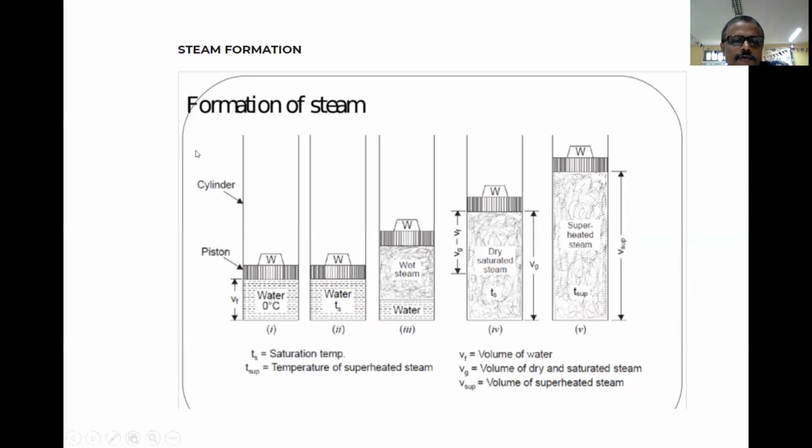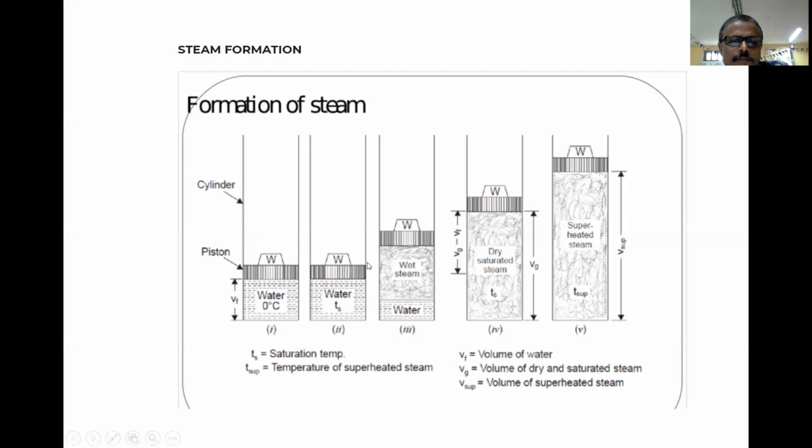Now, continue heating of water. You can see the volume of the water increases here, but the temperature remains constant in this stage, because you have reached the boiling point of water in the previous stage.